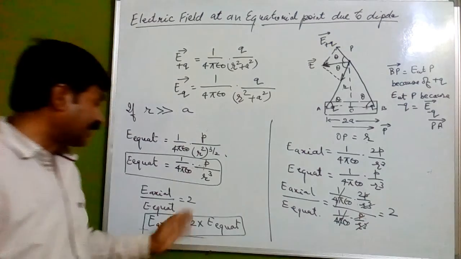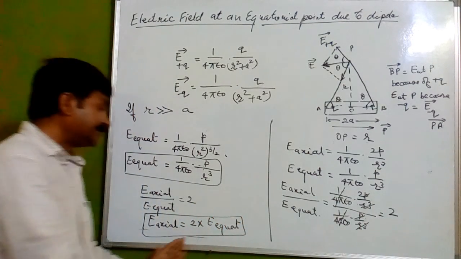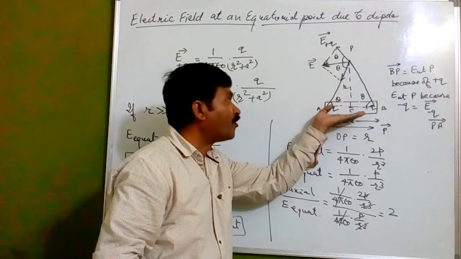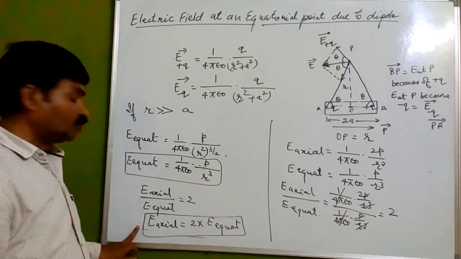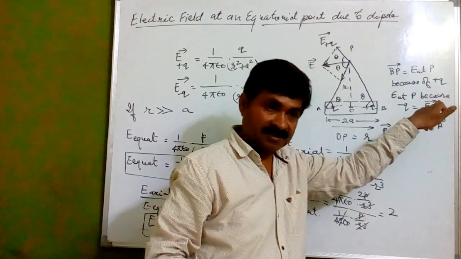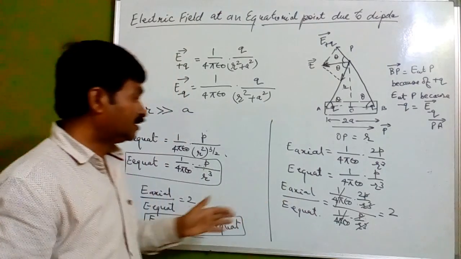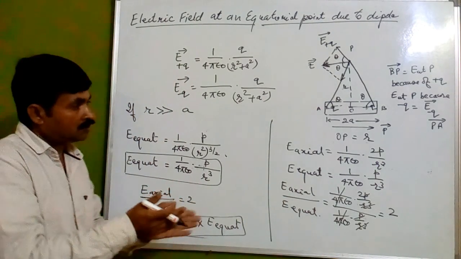Or we can say the electric field at the equatorial point is 1 by 2 the electric field at the axis. So we can conclude the comparison here.